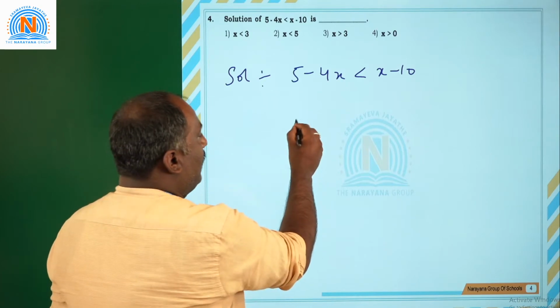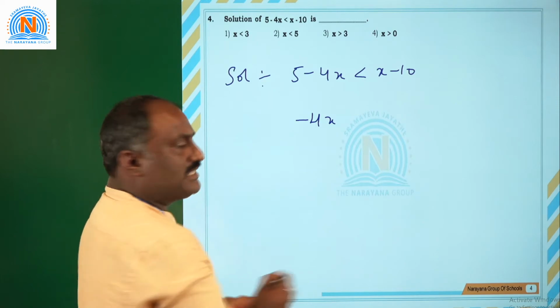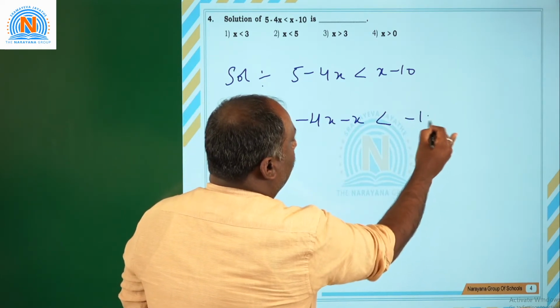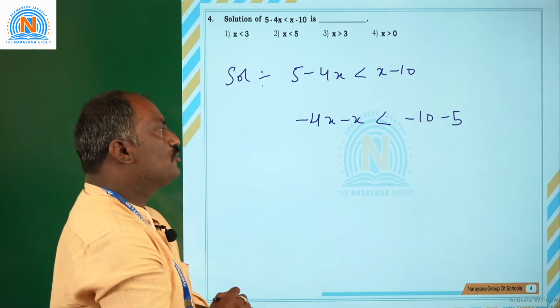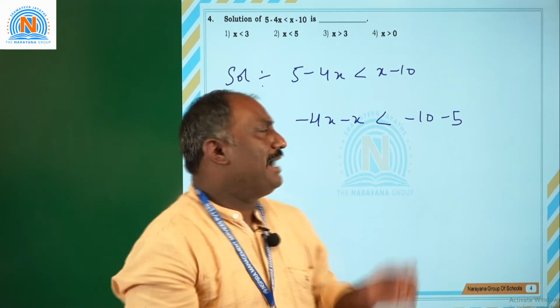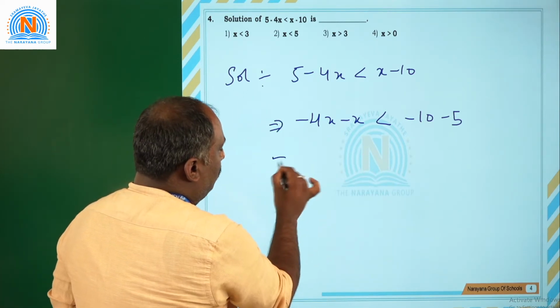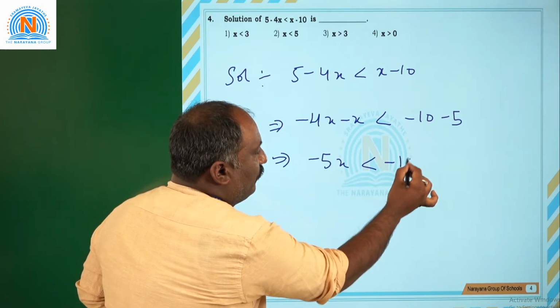From this one I will get minus 4x. If you bring plus x this side, you will get minus x is less than minus 10, and if you send 5 that side, you will get minus 5. So you will be going ahead with minus 4x minus x is nothing but you will get minus 5x less than minus 50.